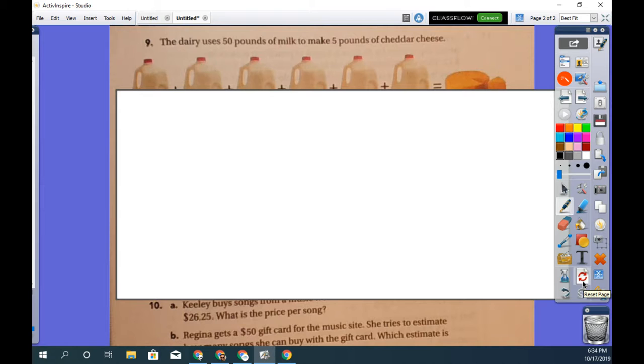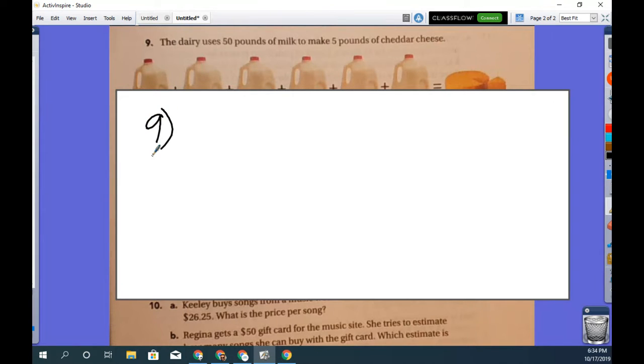9D asks us, what is the constant of proportionality from your equation in part C? And I just answered that. So the constant of proportionality for 9D, depending on how your student found it, is either 10 pounds of milk per 1 pound of cheese, or they may have found 1/10 of a pound of cheese per 1 pound of milk.